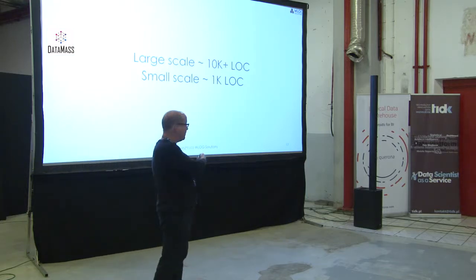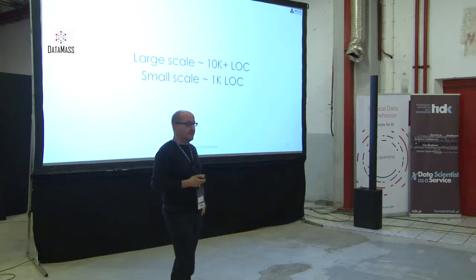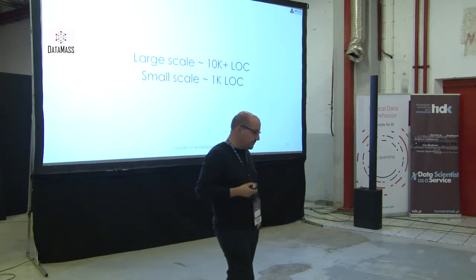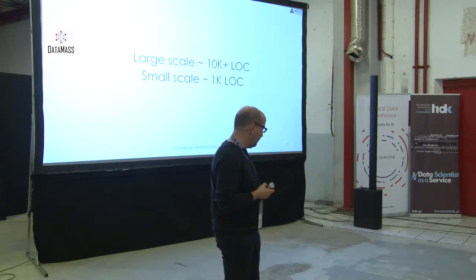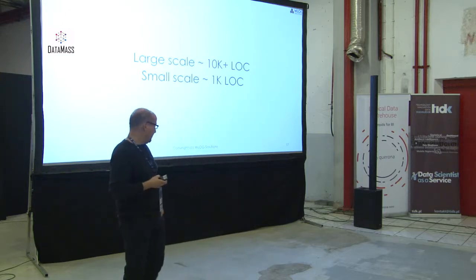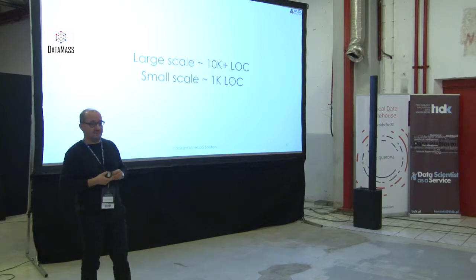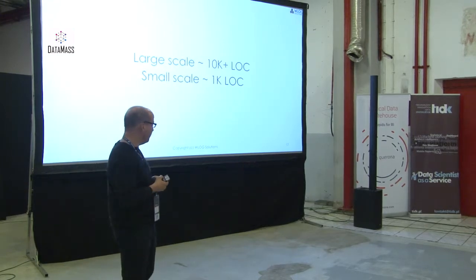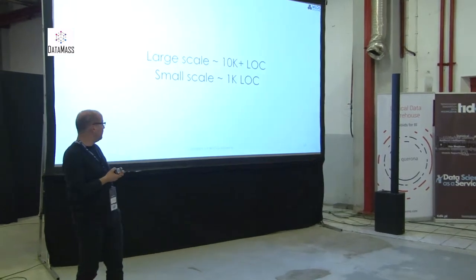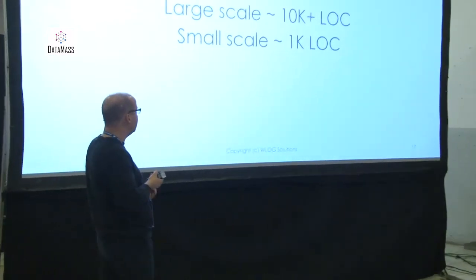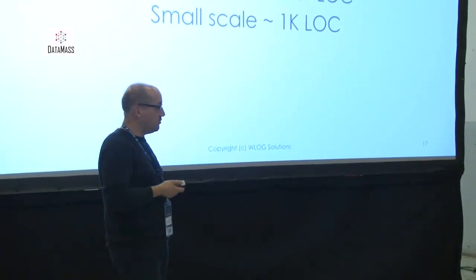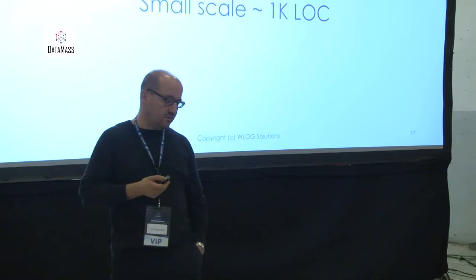This is not much for a Java programmer, but in R you don't write this amount of code in general. For example, in Deutsche Bank, which I mentioned before, it was about 20,000 lines of code, and the biggest solution was about 30,000 lines of code.